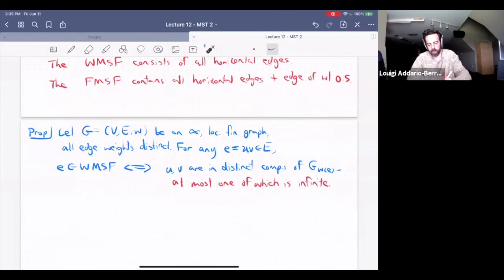Okay, so this is an equivalent characterization of which edges are in the wired minimum spanning forest.